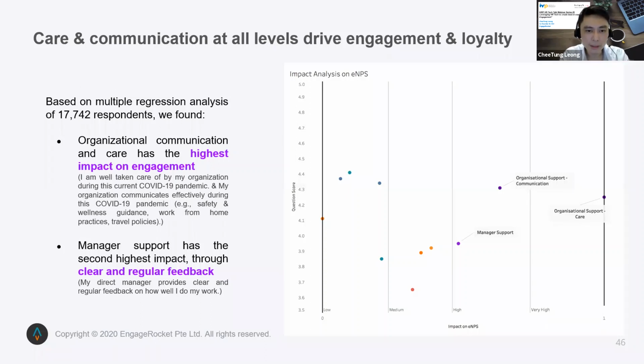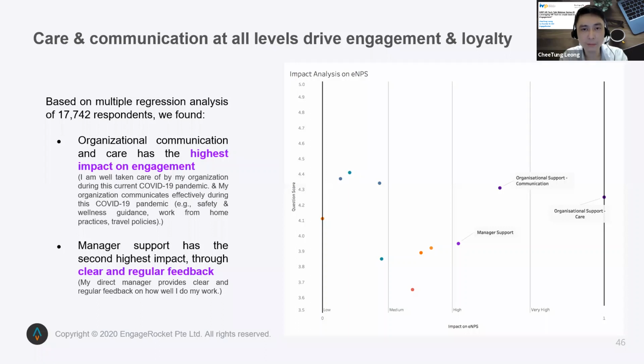And one of the pieces of analysis that we did with the study with IHRP was this particular chart, where we used Employee Net Promoter Score as a proxy for employee engagement. For those of you who are not familiar, what ENPS is, it's a single question. How likely are you to recommend your company as a place to work?